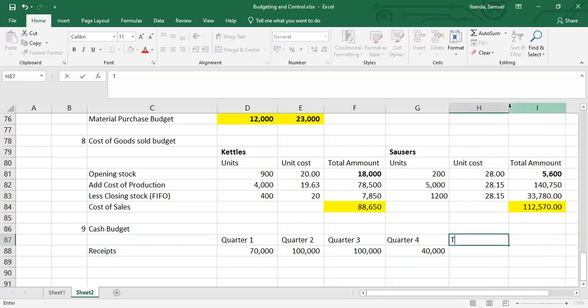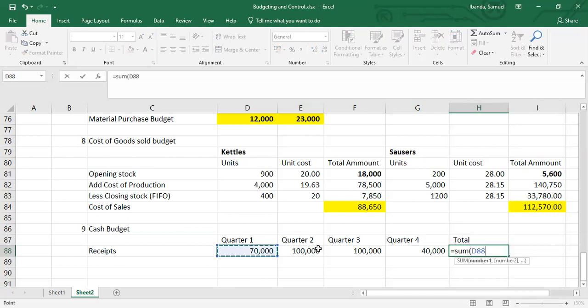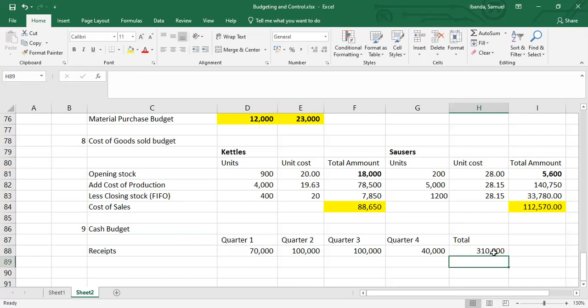From the additional information, we didn't see any other receipt that the business expects. Other receipts could be, let's say, commission, dividends, or interest, but we didn't really get that. So our assumption is maybe this is all embedded within the receipts. When you get the summation of this, it gives you 310.